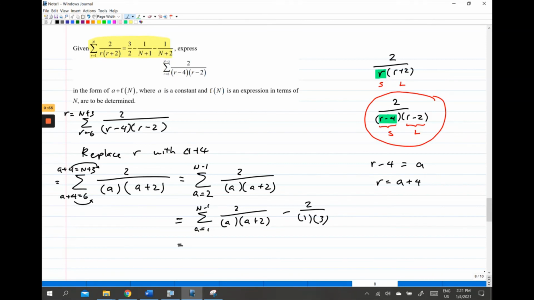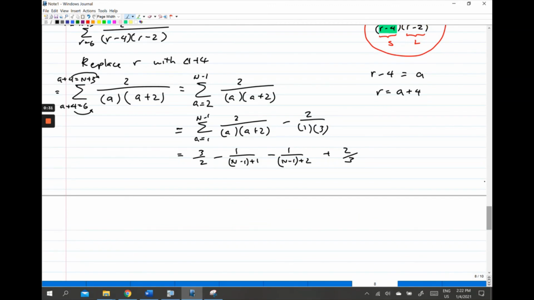With that, you can use your result on top. So this is 3 over 2 minus 1 over, now instead of n you get n minus 1, so n minus 1 plus 1, minus 1 over n minus 1 plus 2, and plus 2 over 3 at the bottom.